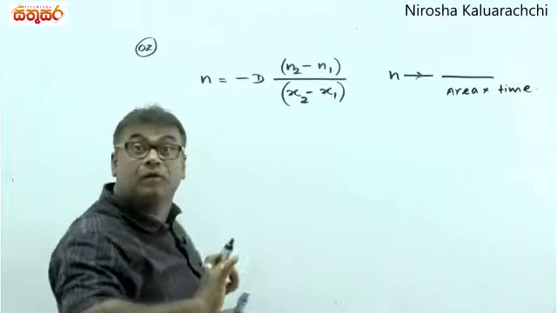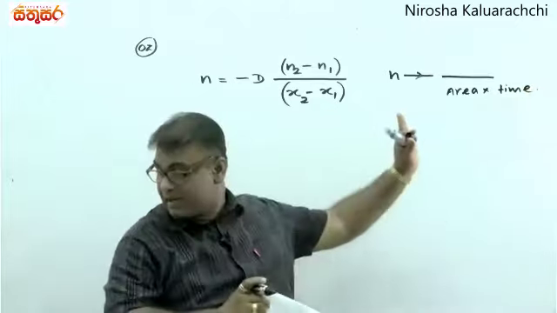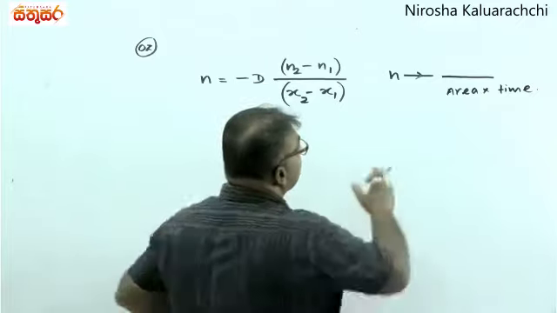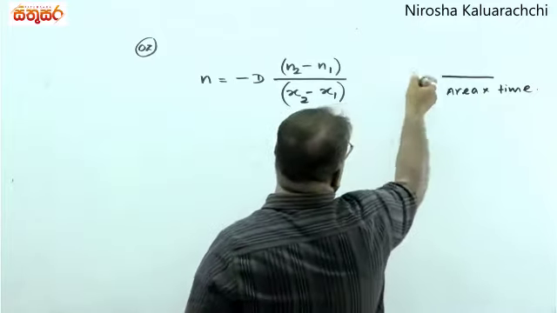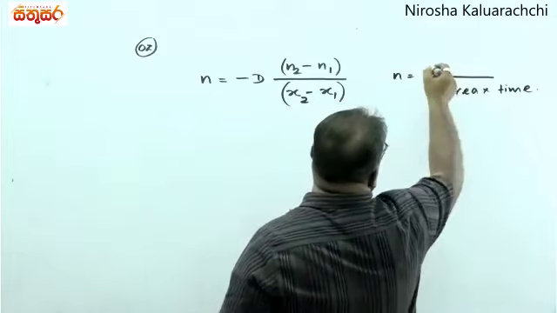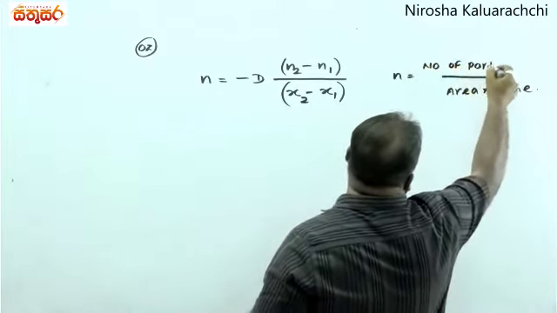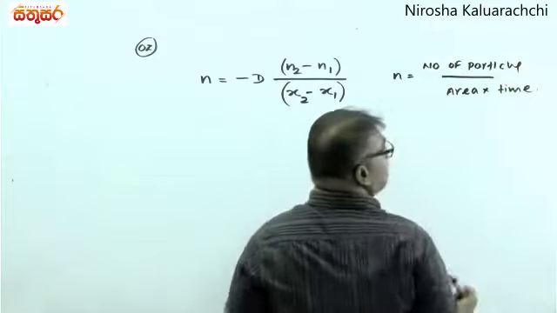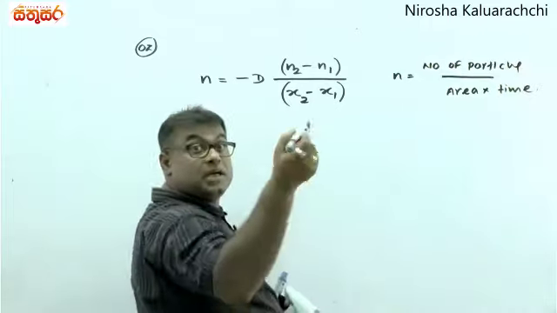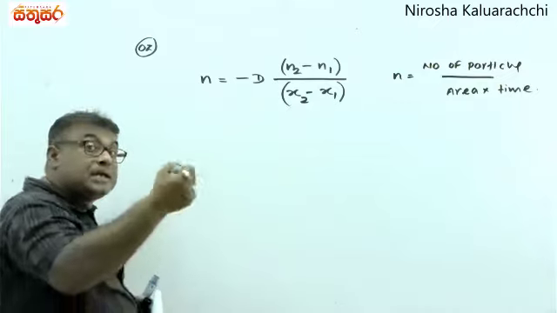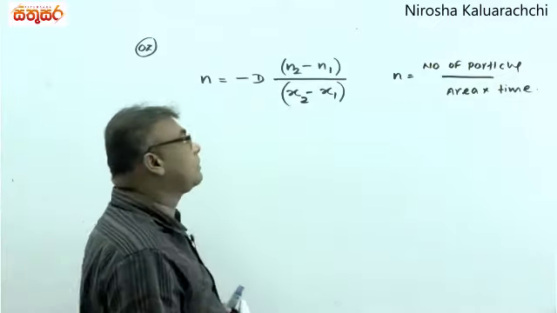When we take an equation according to the given statement, we have to say n should be the number of particles per unit area, divided by area, per time, again divided by time.